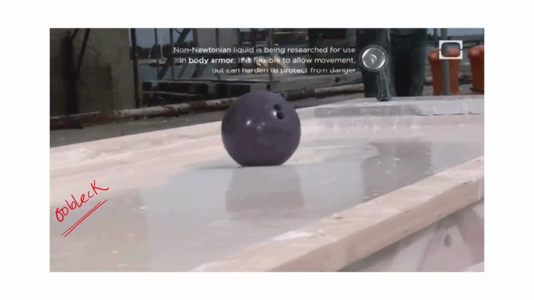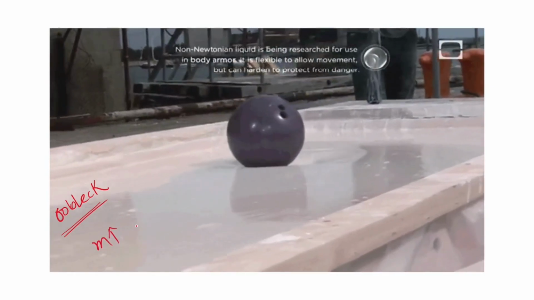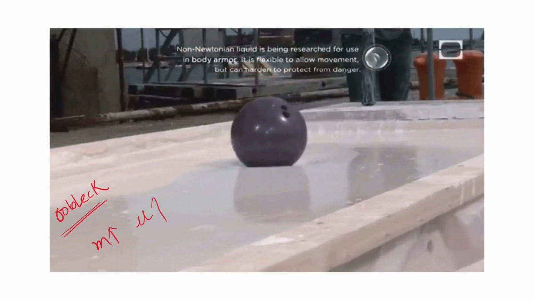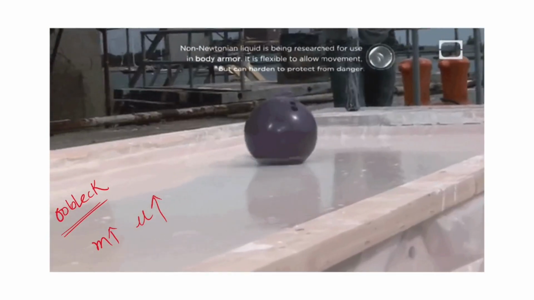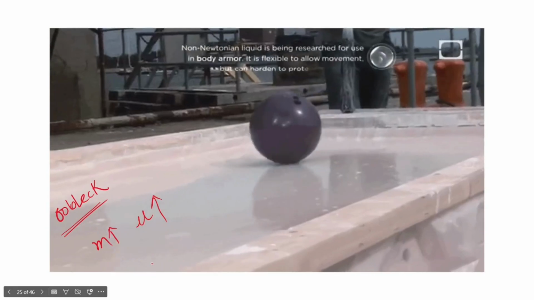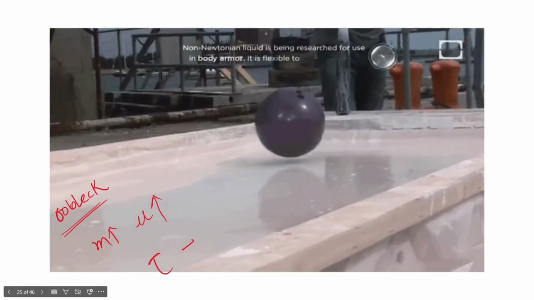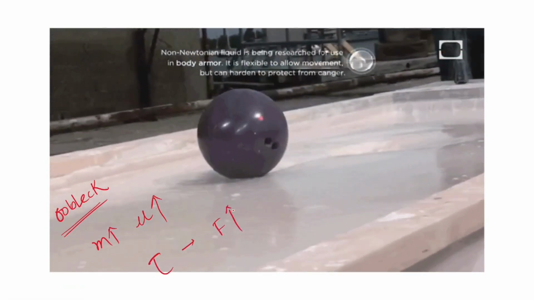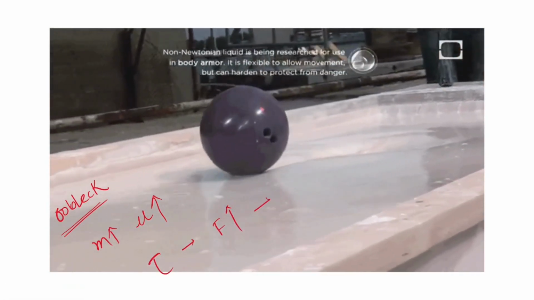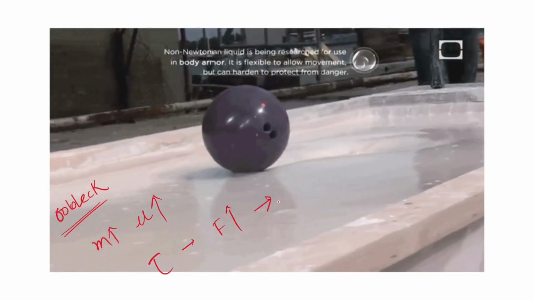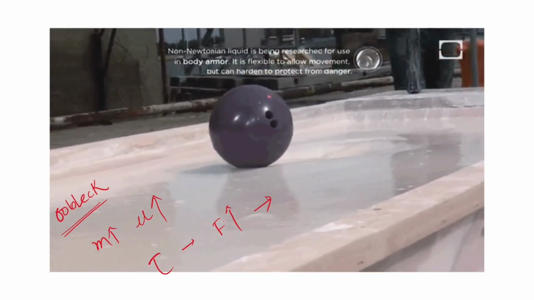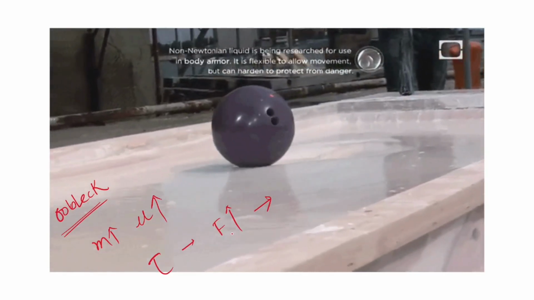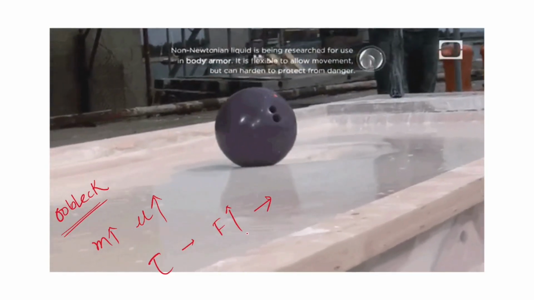As the slope is increasing, our dynamic viscosity also increases. So we can say that the more force you apply, the more tangential stress, and the more thick or viscous the fluid gets. This is why if you punch oobleck, it feels like a solid, but if you let it slip, it flows like a liquid.